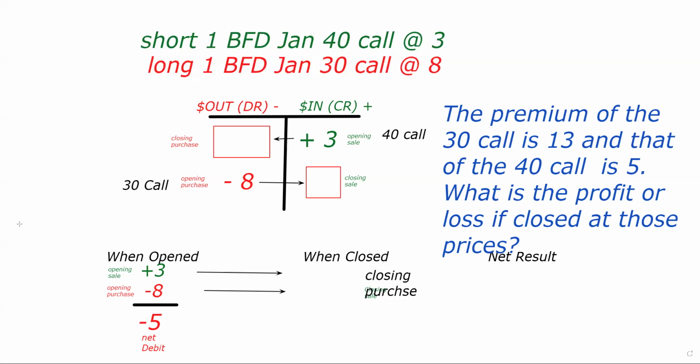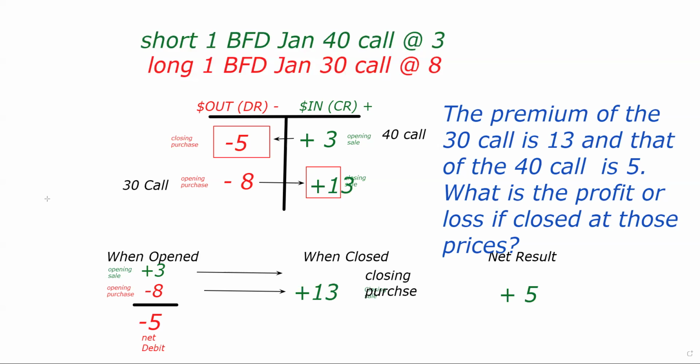So how do we close out? Well, if we did an opening purchase, the way we do the closeout is a closing sale. So on that leg of the spread, we bought that 30 call for 8, and we sold it for 13. So we made 5 points on that leg. Again, if we close out the 40 call, we did an opening sale.